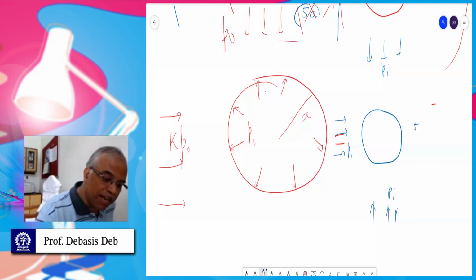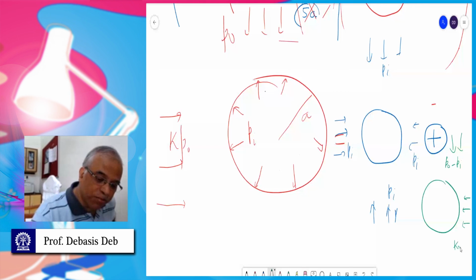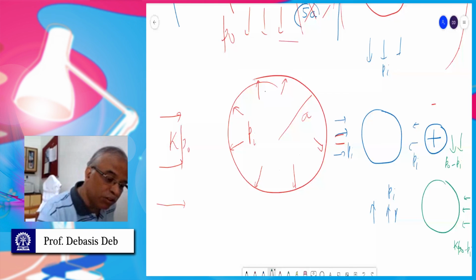Plus, there is a big plus. This is P naught minus Pi, and this side is K P naught minus Pi. Okay, and sorry, this were also Pi.